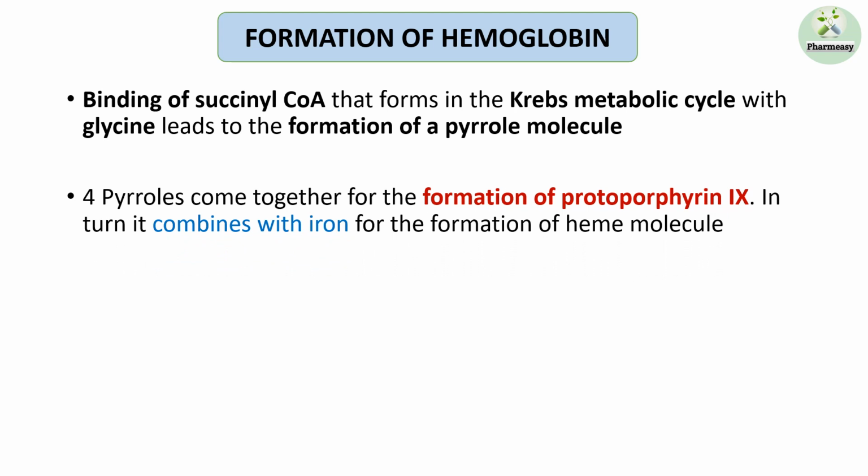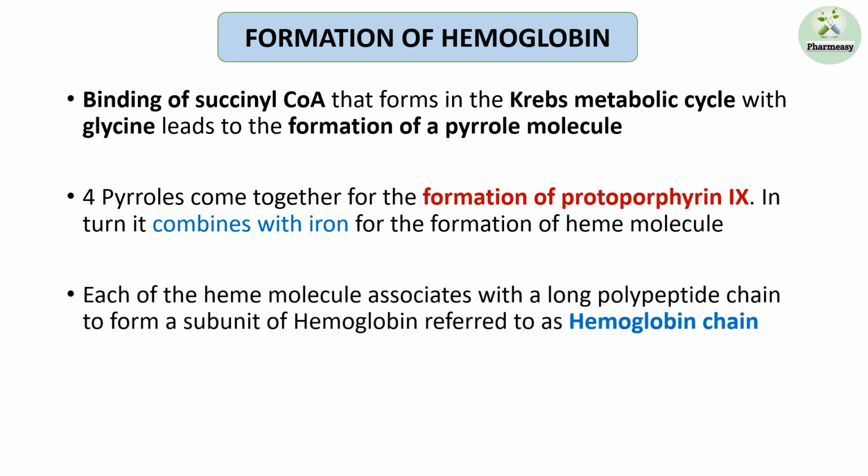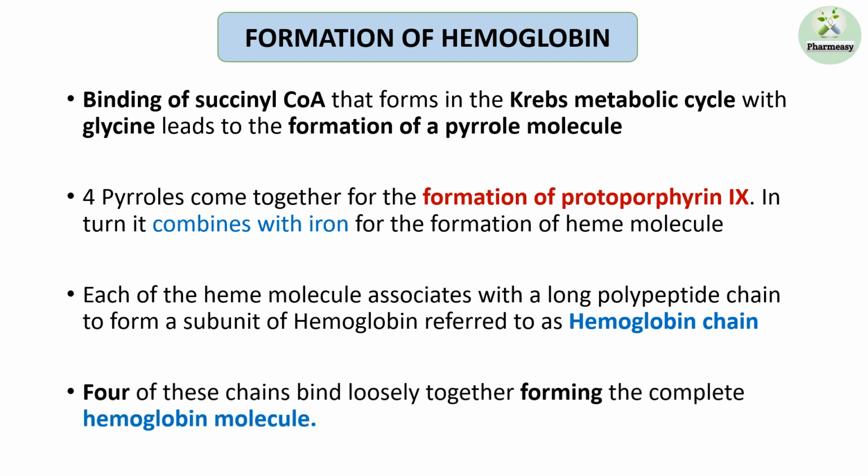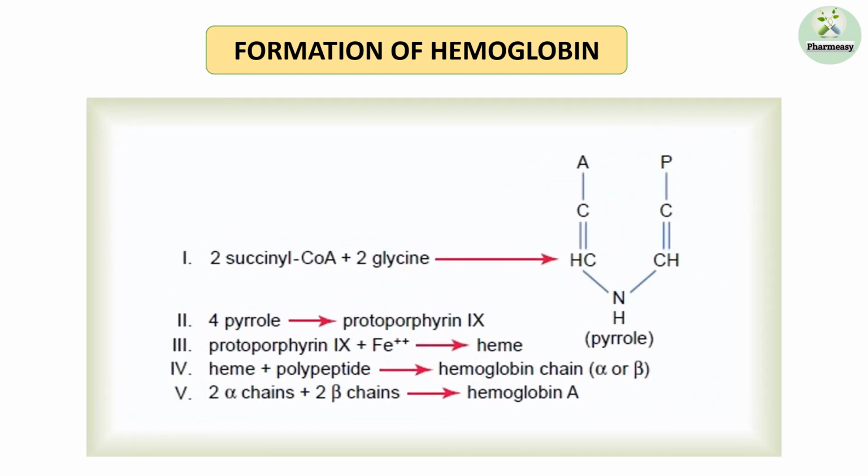And then, it combines with iron for the formation of heme molecule. Each of the heme molecule associates with a long polypeptide chain to form a subunit of hemoglobin referred to as hemoglobin chain. 4 of these chains bind loosely together, forming the complete hemoglobin molecule, as the figure shows.